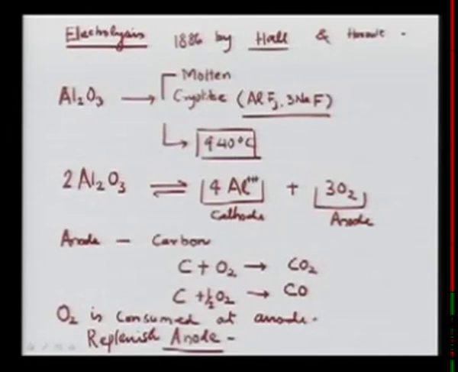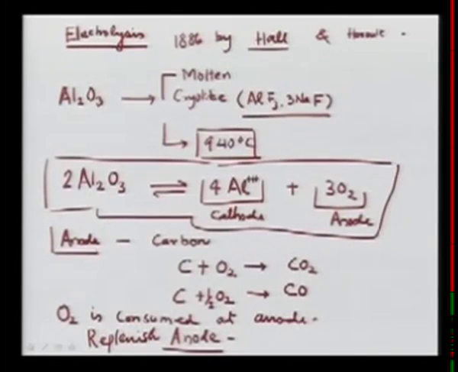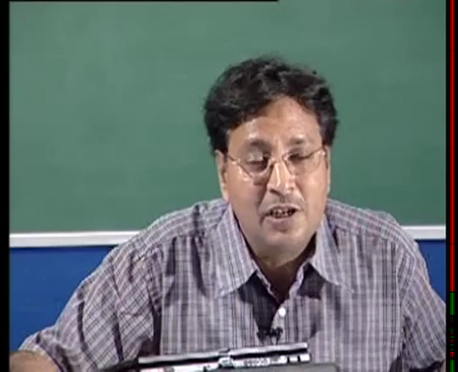If we further divide the thing, we need the electrolytic cell, we need this process to go on. But we need to also produce the anode, let us not forget that. Why? Because the anode is being continuously consumed.